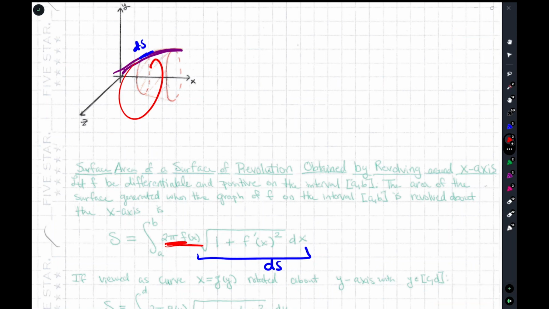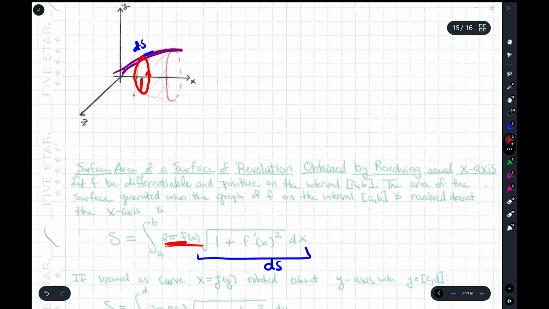What is that 2 pi f of x? It's the circumference that you will get from rotating a point on that curve. So here, for example, if we take this point and rotate around this way, it's going to have a radius of f of x, if this curve is f of x.